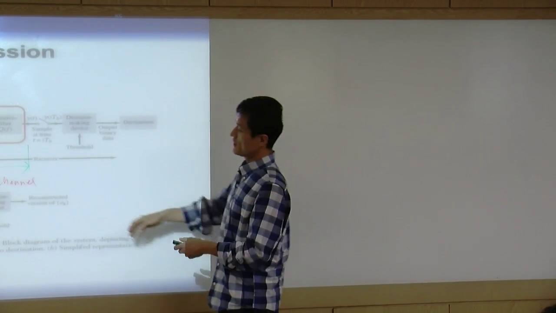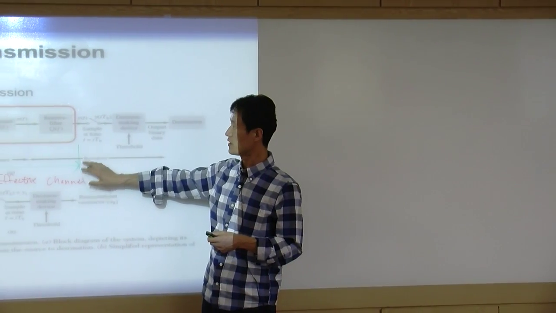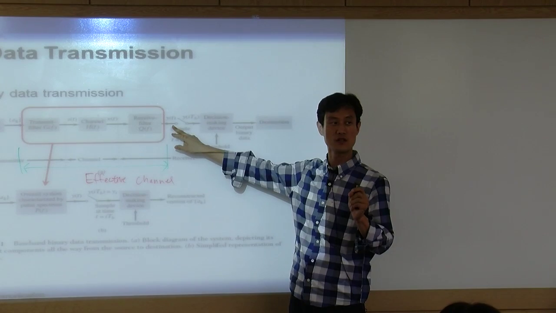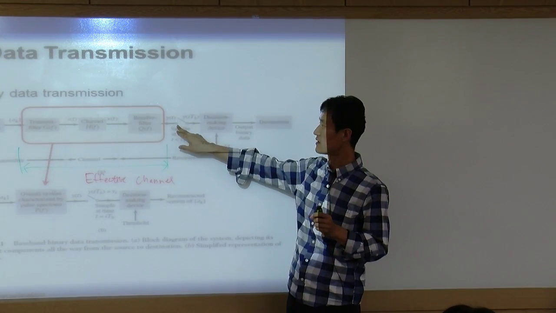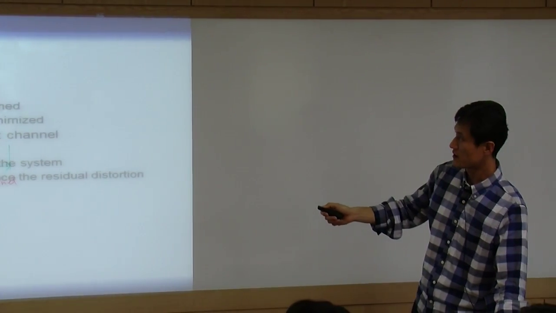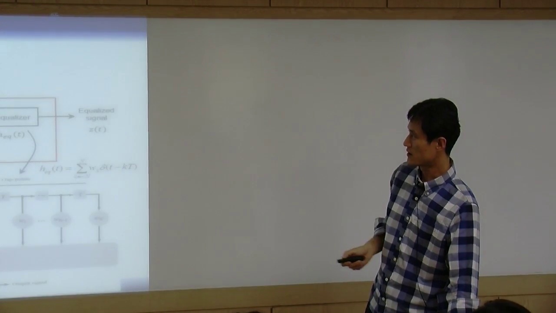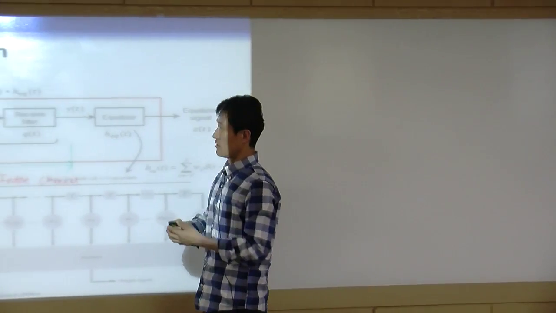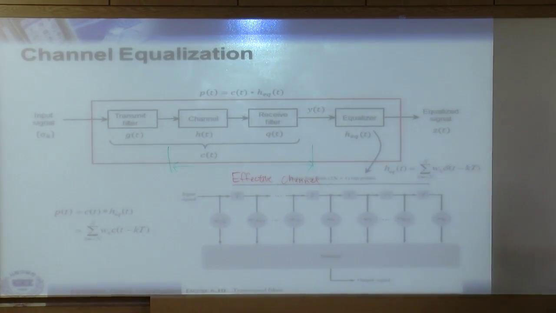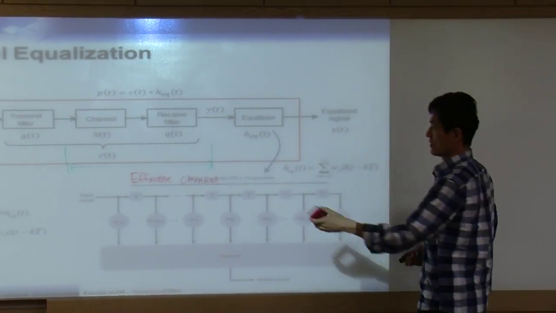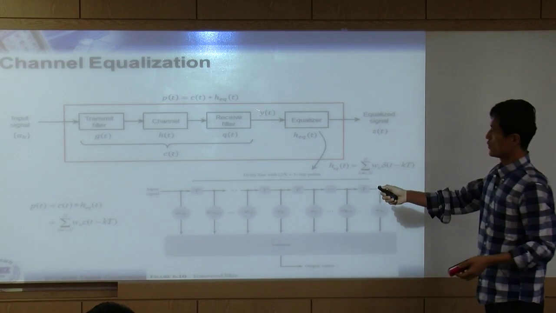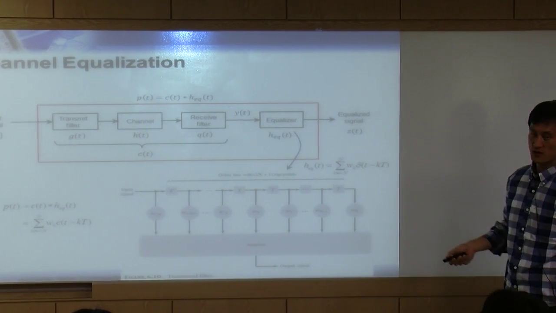However, this effective channel cannot be perfect, so we still have a little bit of intersymbol interference remaining here, right? That's why we need an equalizer, a channel equalizer. From here to here, we tried our best, but because of the implementation, we still have a little bit of interference remaining.